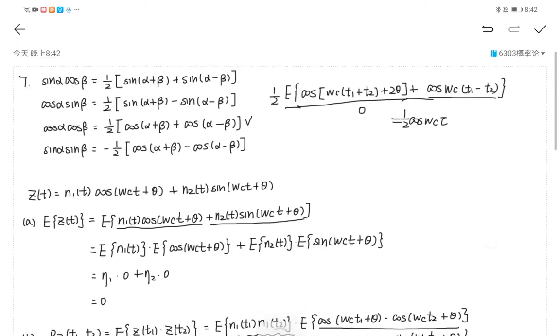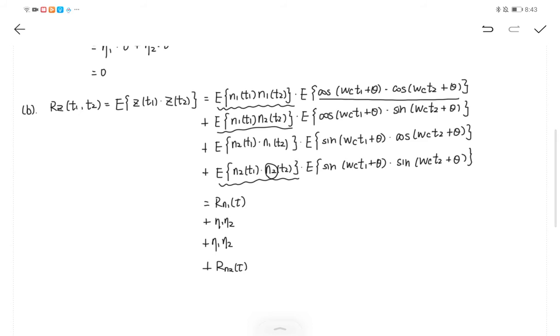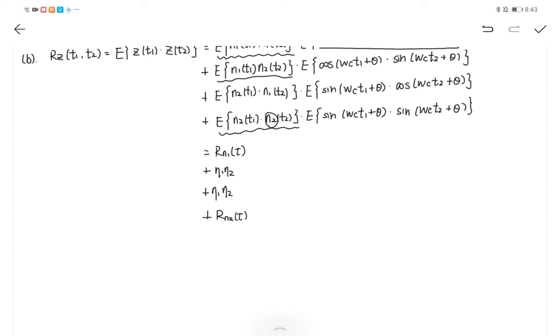So like this calculation, we can calculate the others.